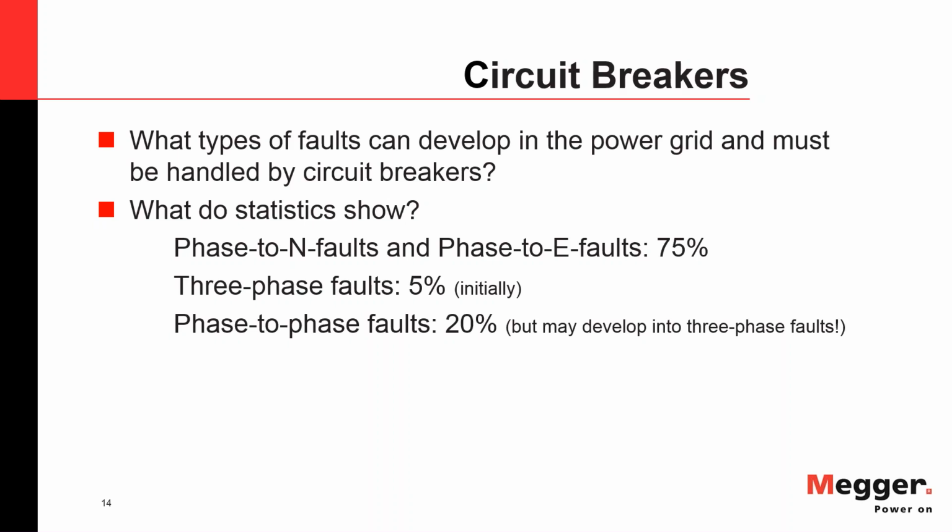So this has to do with quantity: transmission is about 10%, medium voltage 30%, and low voltage roughly 60%. Then you have these nasty three-phase faults, very rare but very destructive. And then you have the phase-to-phase faults, which are somewhere in between. But the problem with those is that they can develop into three-phase faults, and then you have the most destructive scenario again.